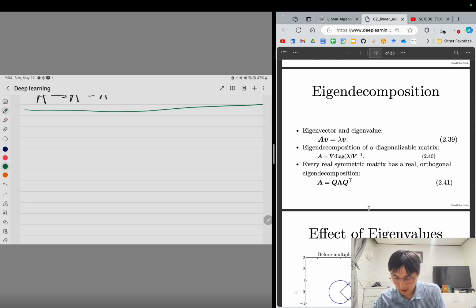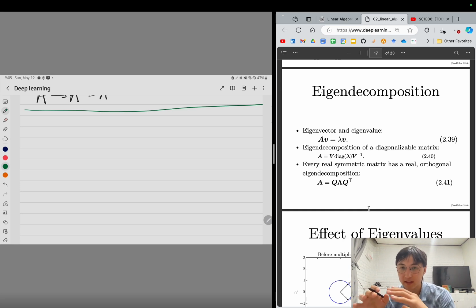We use eigen decomposition for data analysis and principal component analysis. Decomposition means that there is a matrix A, and we can decompose this A matrix into eigenvectors and eigenvalues.